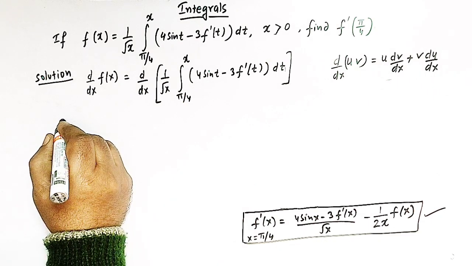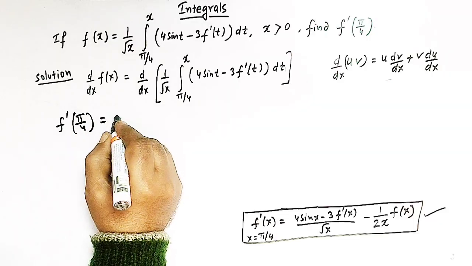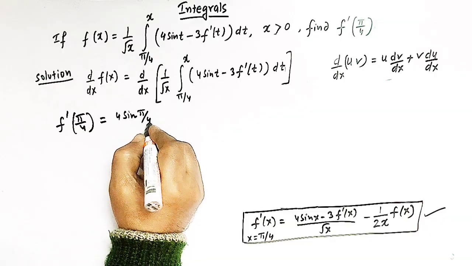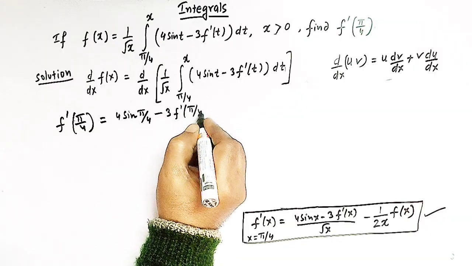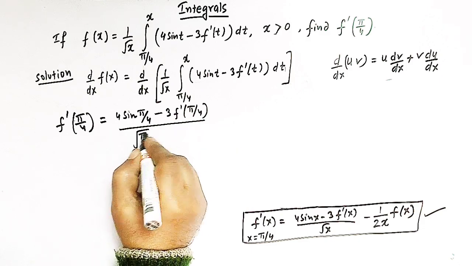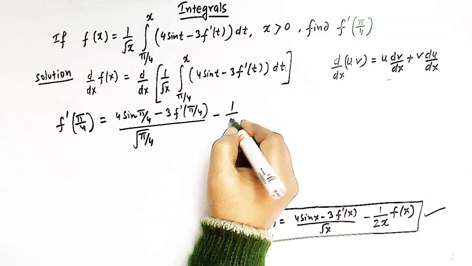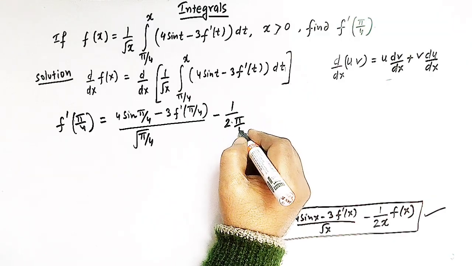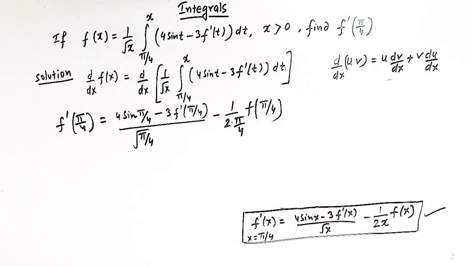So now we can write f prime of pi by 4, and that is equal to 4 times sine pi by 4. Then we have minus 3 times f prime of pi by 4 divided by square root of pi over 4. And here we have minus 1 over 2 times pi by 4 and f of pi by 4, right?